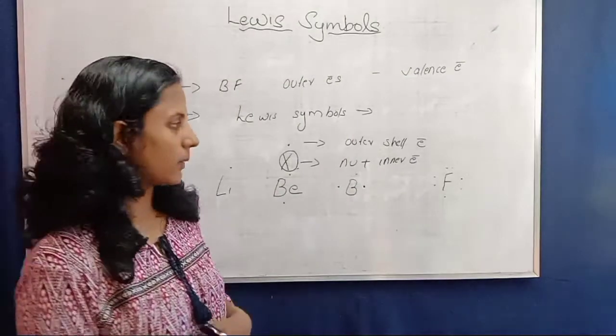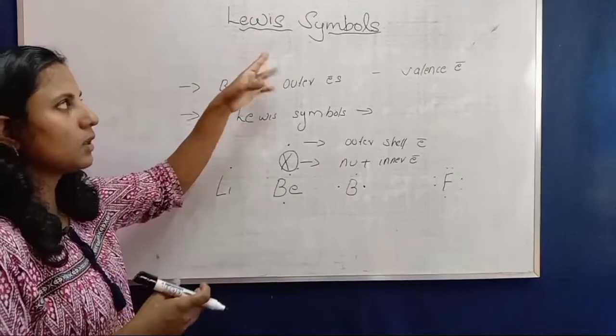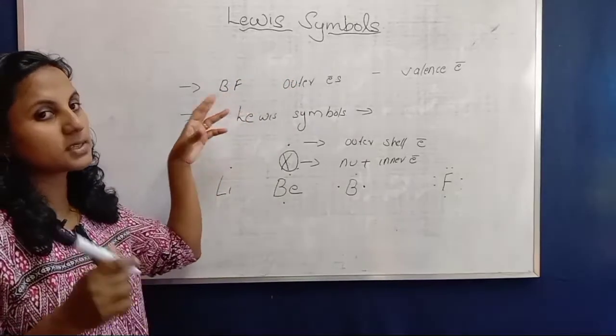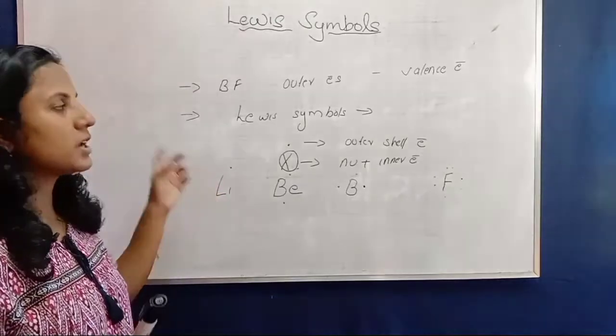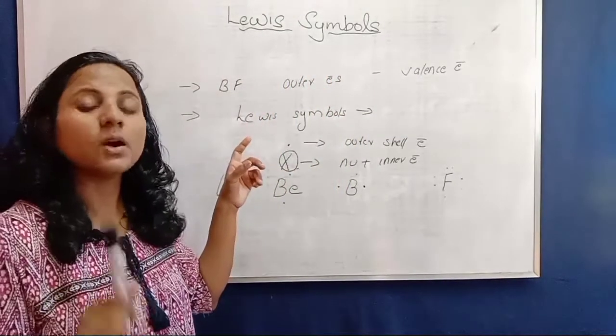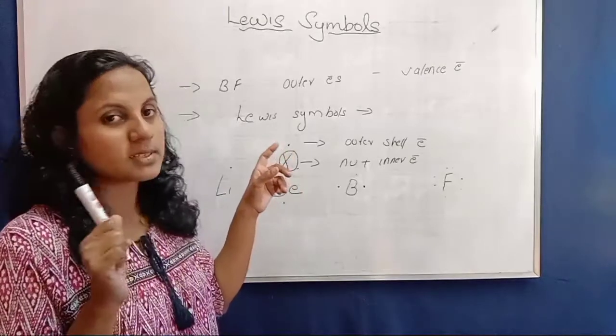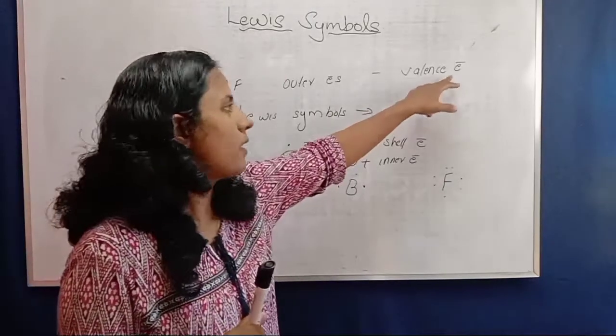Okay, now let us look once more. Lewis gave a satisfactory explanation for bond formation in terms of electrons. He said only the outer electrons take part in bond formation, and these outer electrons are called valence electrons.